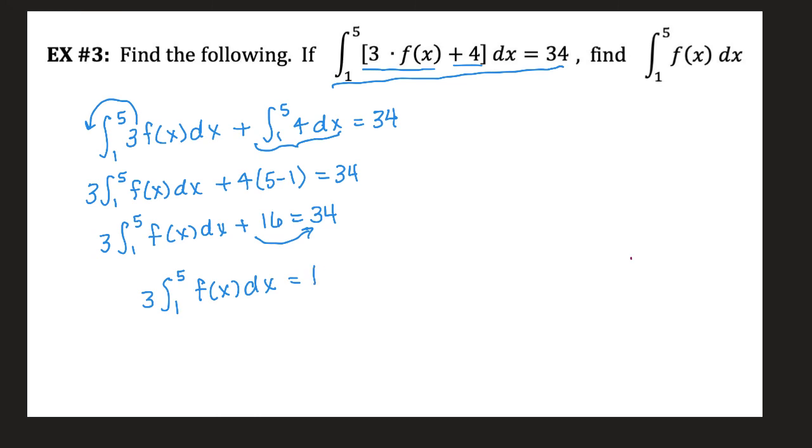That's going to be equal to 18. And if we divide both sides by 3, we get the integral from 1 to 5 of f of x dx is going to be equal to 6. All right, great problem there. One that you will definitely see again in your future.